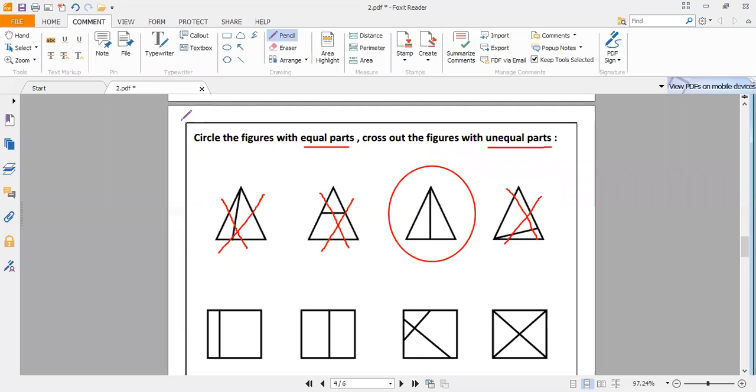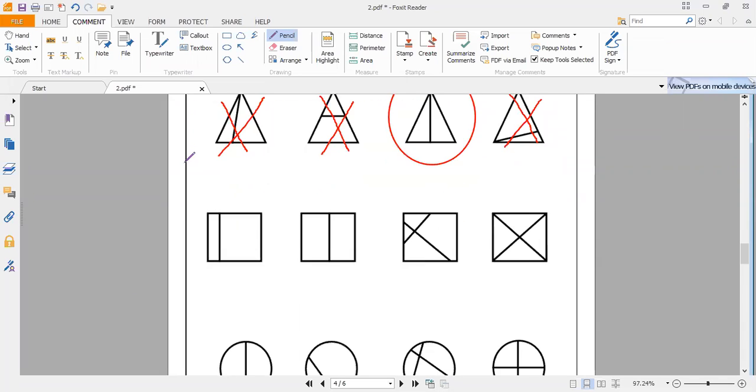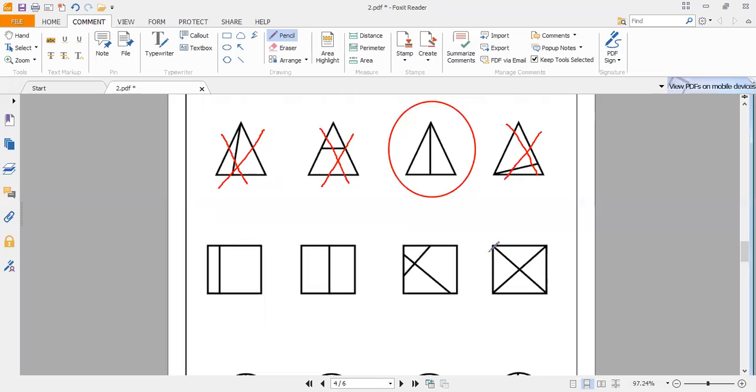Salim, yes. I will cross out the shapes that are not equal, and I will circle the shapes that show equal parts. Do you hear me? Are you listening? Yes, I'm listening.